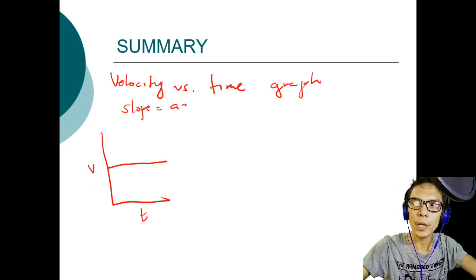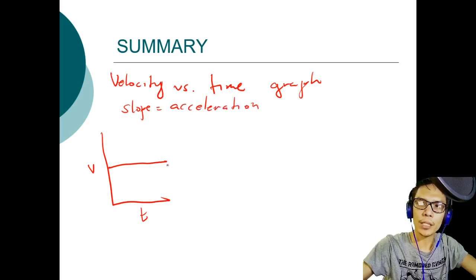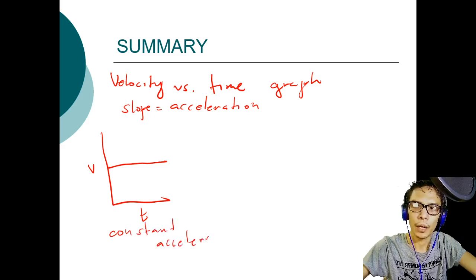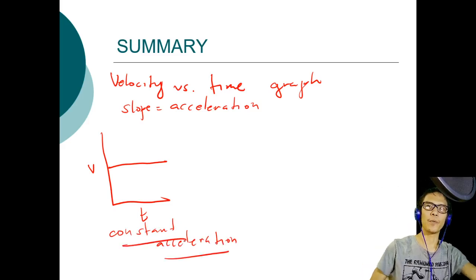Slope is equal to acceleration. What does this tell us about the acceleration of the object? If the velocity versus time graph looks like this, it has constant acceleration. So there you go.